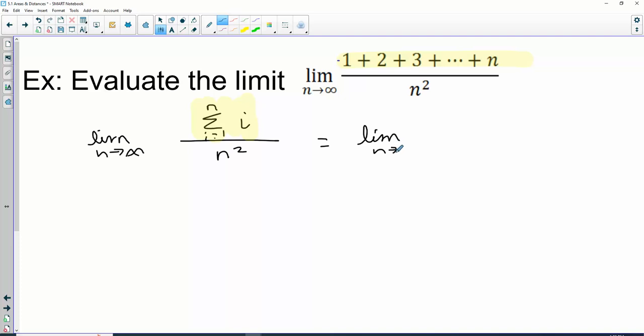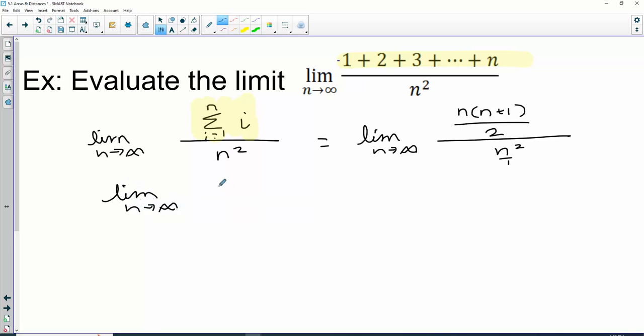So if I use that formula, that's n times n plus 1 over 2, all divided by n squared. If I think of that as n squared over 1, we can flip and multiply. What happens?